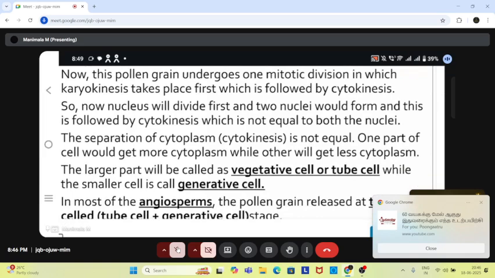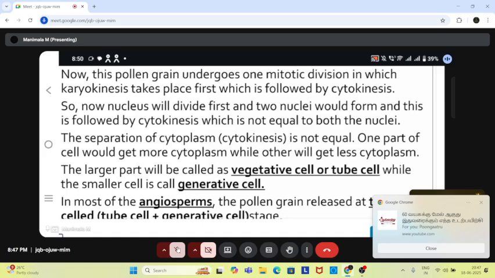During this mitotic division, two unequal cells are formed. The bigger one is called the vegetative cell, and the smaller one is the generative cell. In all flowering plants the division of the male gametophyte is similar.